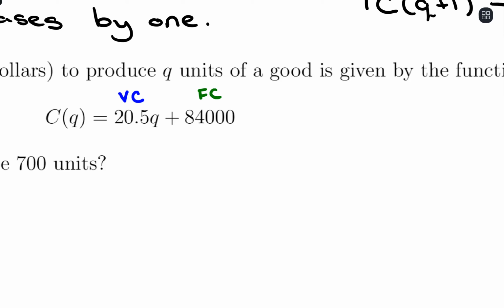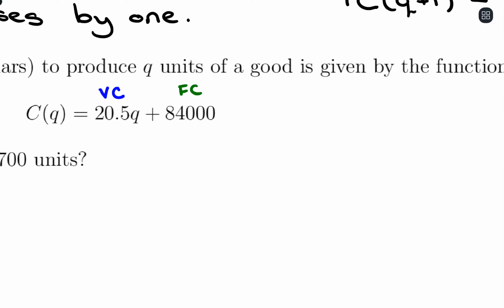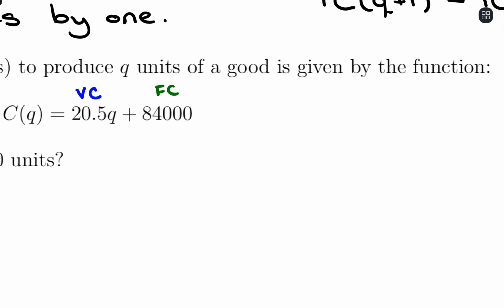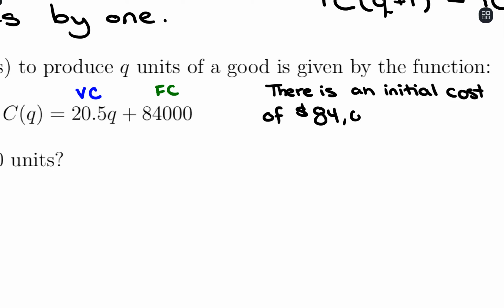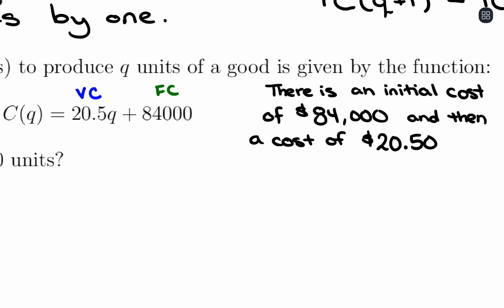So just reading that notation there, and it's not going to ask questions about this, but just in case a question like this comes up, this would tell me that there is an initial cost or a fixed cost of $84,000, and then a cost of $20.50 per item.